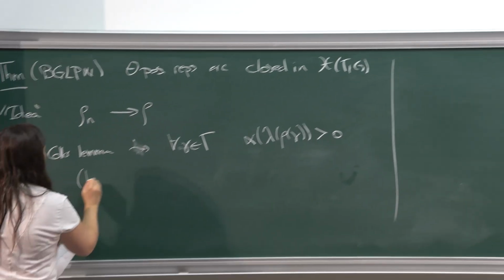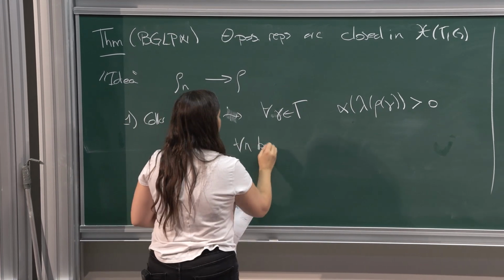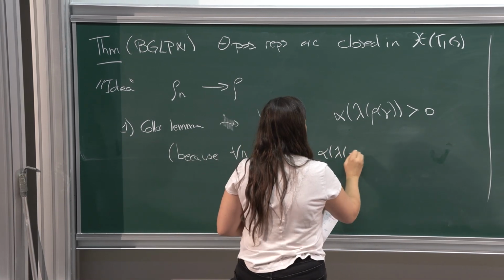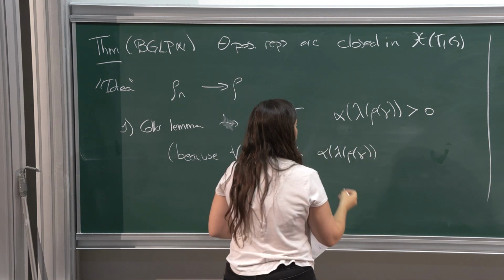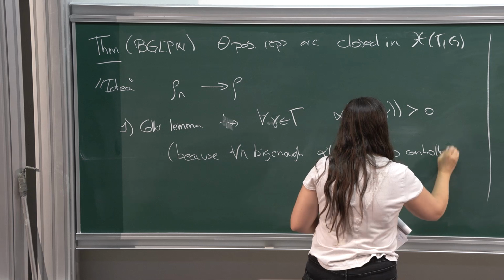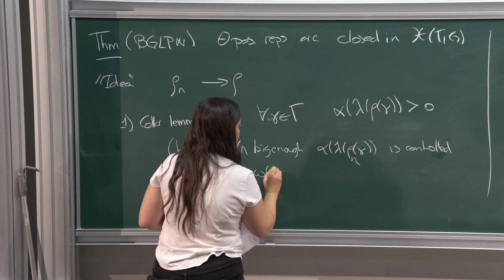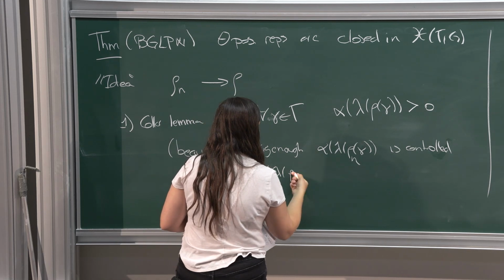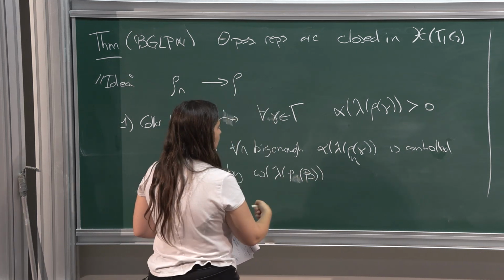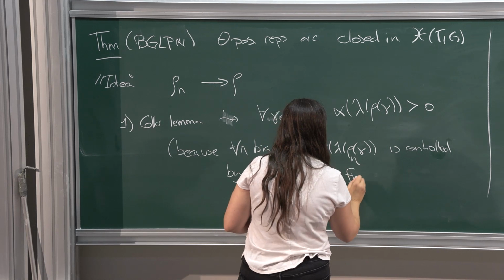Because for every n big enough, alpha of lambda of rho n of gamma is controlled by omega of lambda of rho infinity of beta, where beta is something that crosses it, which is finite.